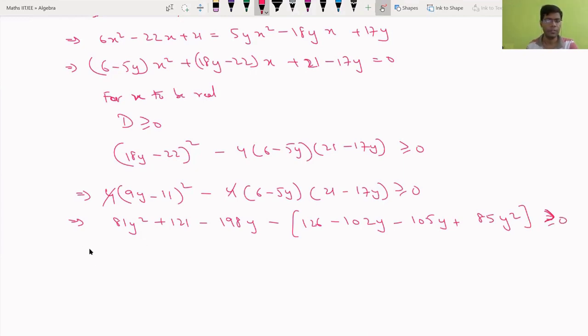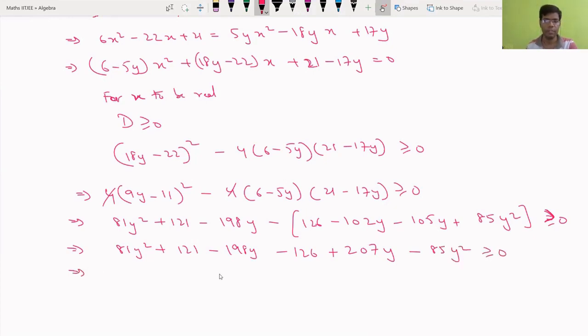Okay, so then we will get 81y square plus 121 minus 198y minus 126 plus 207y minus 85y square greater than or equal to 0.